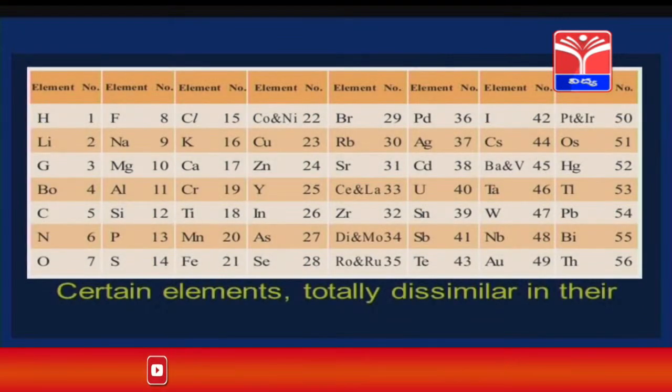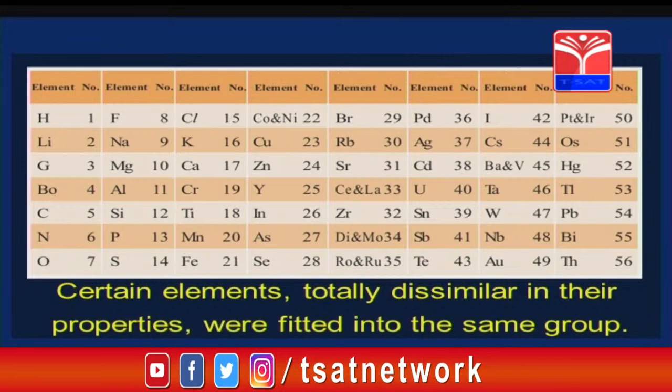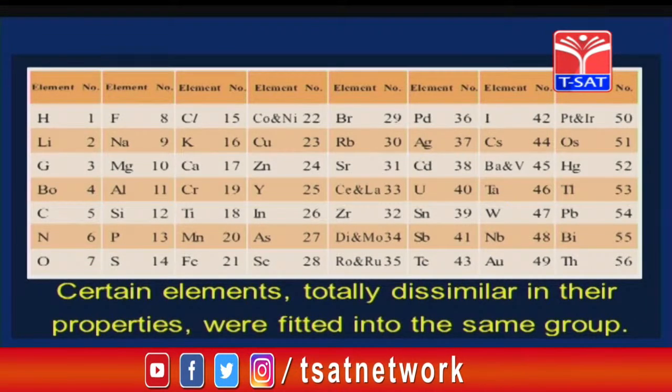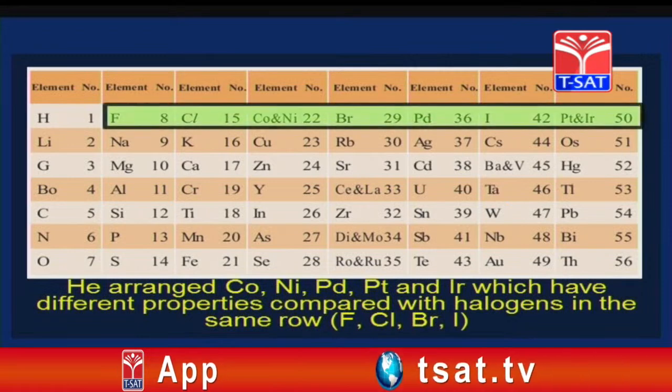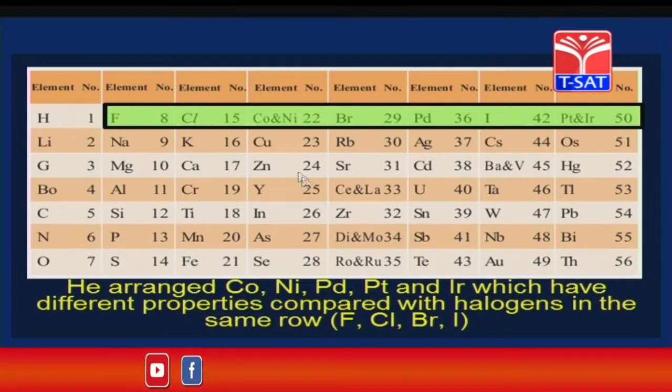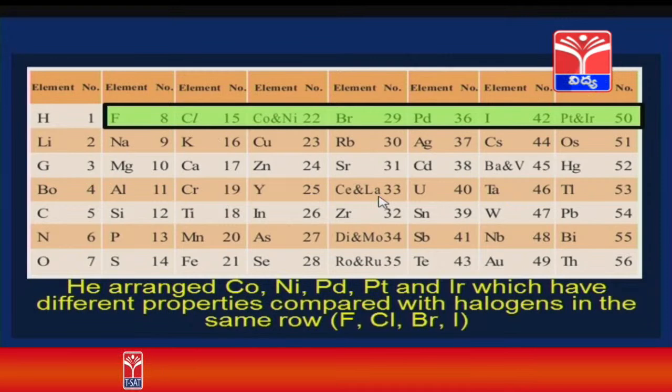Here you notice certain elements that are totally dissimilar in their chemical properties were kept in the same group. He arranged cobalt, nickel, platinum and palladium, which have chemical properties not equivalent to fluorine, chlorine and iodine, which are halogens.